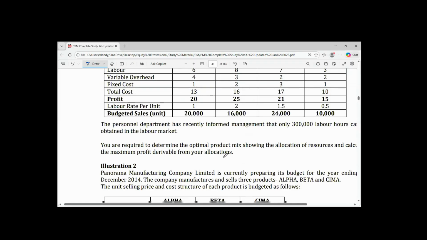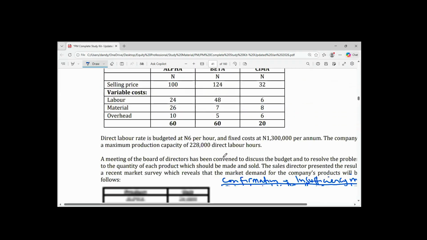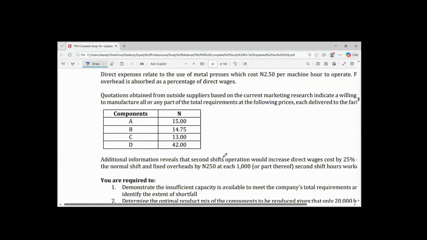Let me look for space. Let me see if I can get a small, let me use this space. So to determine contribution/savings per key factor, you use this format.